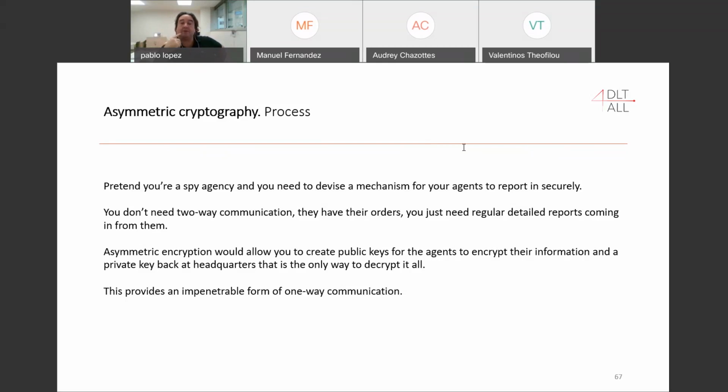And it's a key point: how to verify that the public key someone is sending you comes from the real people we need to share with.